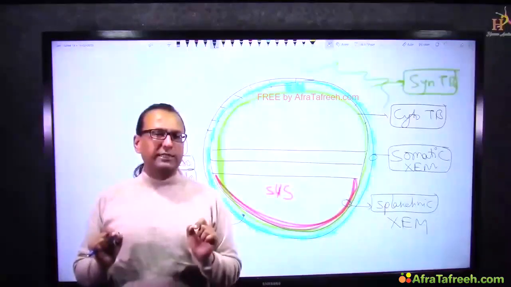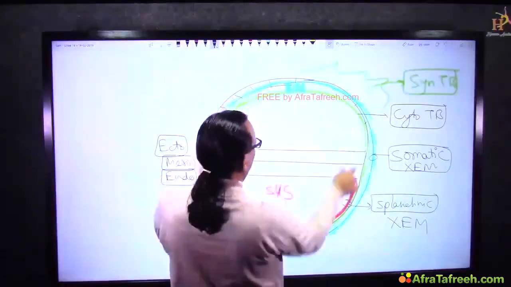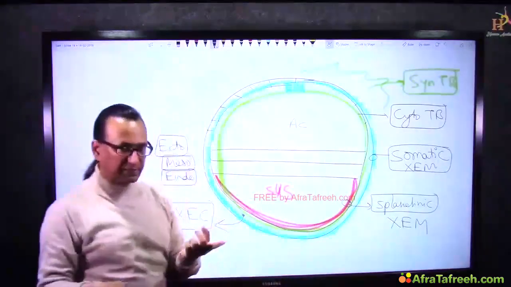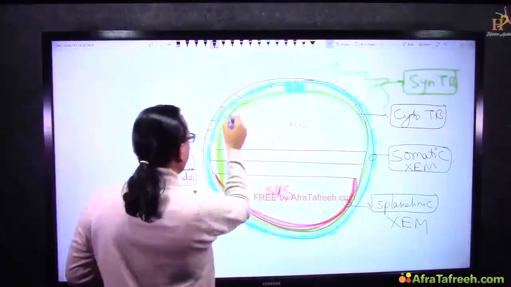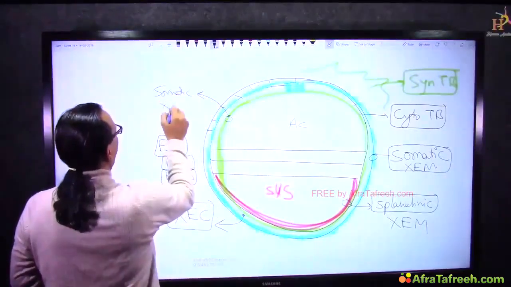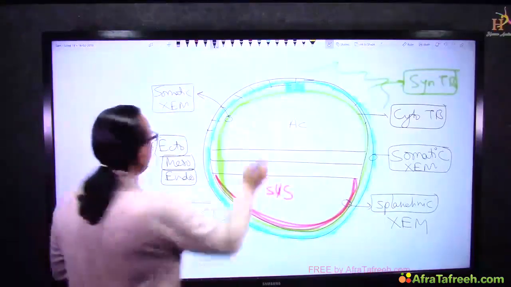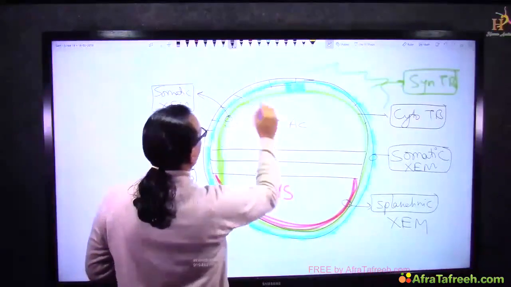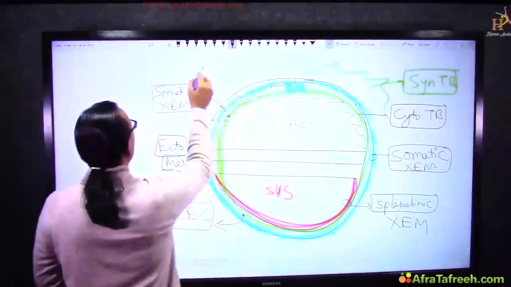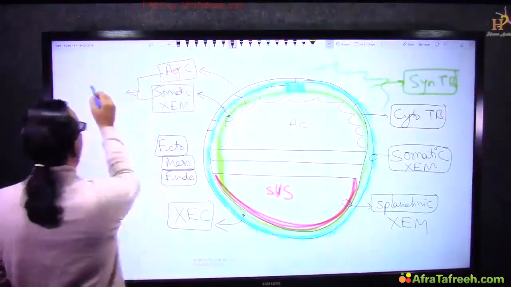Where all do you see this somatic layer? It is covering the amniotic cavity, and when it is covering the amniotic cavity, this somatic extra embryonic mesoderm along with the amniogenic cells, you know, there were some amniogenic cells formed by trophoblast, those amniogenic cells and this together will form amnion.